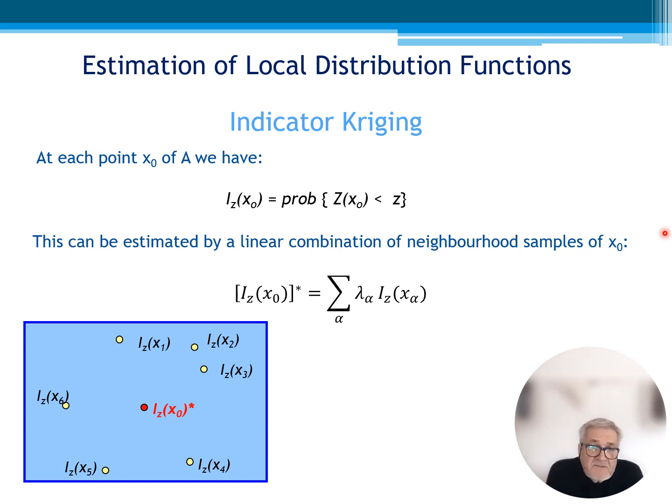At each spatial location x0, we have already seen that this is the probability, the probability of any class of the CDF of the original variable. So this can be estimated by a linear combination of neighborhood samples through this linear combination here.